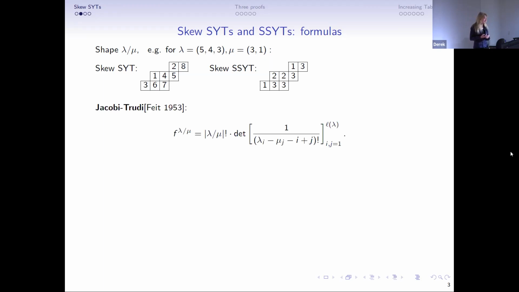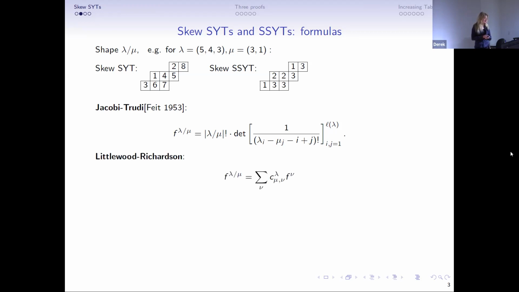For the number of skew standard Young tableaux, a corollary of the Jacobi-Trudi identity is that the number of skew standard Young tableaux of shape lambda over mu can be computed as a certain determinant, which from a computational complexity point of view is actually a nice formula, but on the other hand, for asymptotic applications or any others it is not so useful.